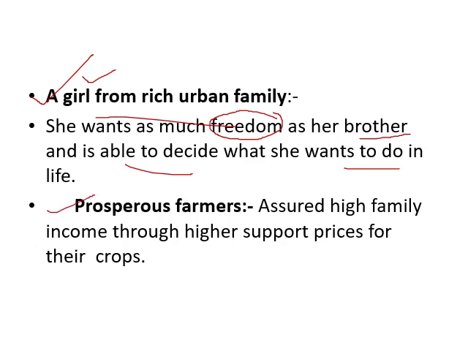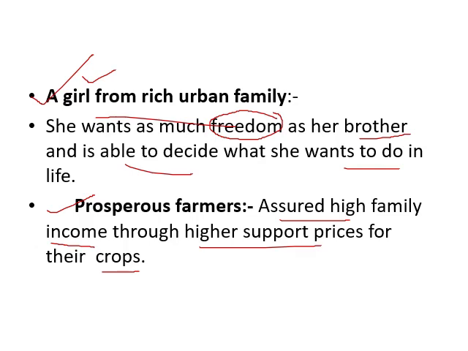Now a prosperous farmer: assured high family income is the goal for this farmer, through higher support prices for their crops. That was the rural landless laborer, and this is a prosperous farmer. For the laborer working in his farm, the development goal was different, and now the goal of this farmer is different.